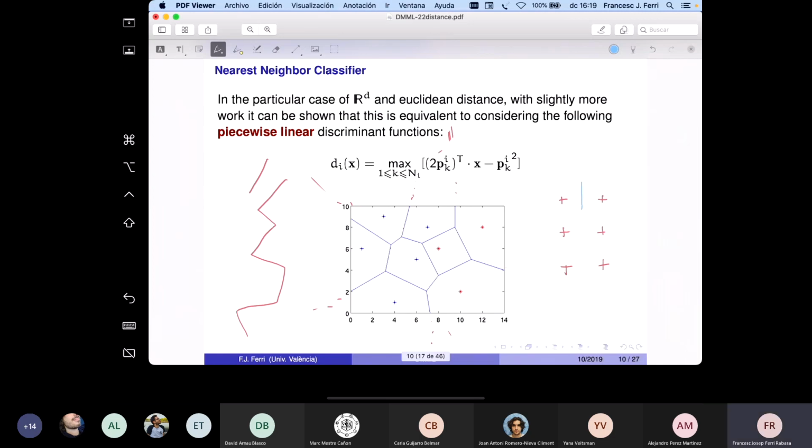I don't know. Perhaps something like this? Do you agree? Is it okay? Is it like this or not? I don't know if someone is answering.